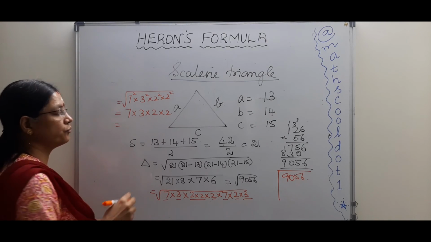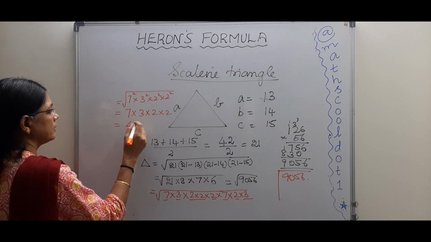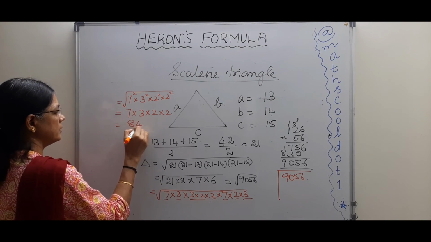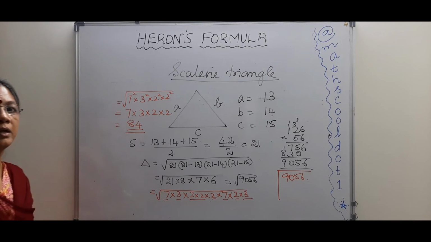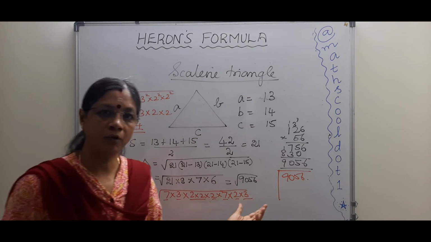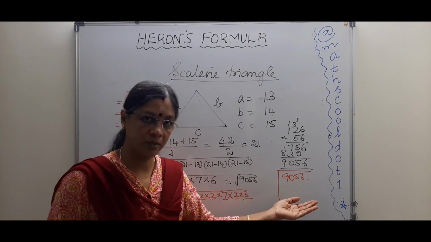21 into 4 is 84, right? Then 84 into 84, we can find it with this method also.